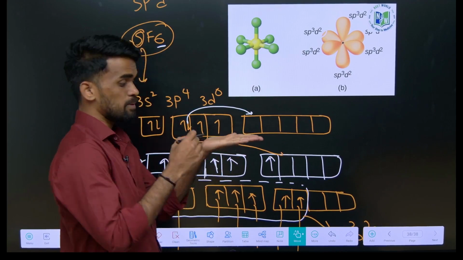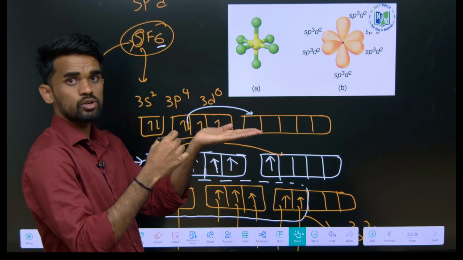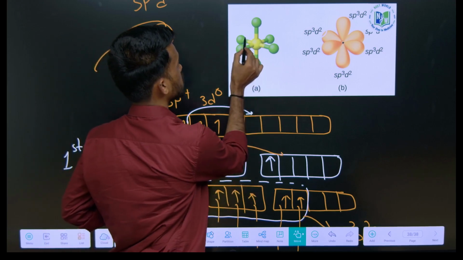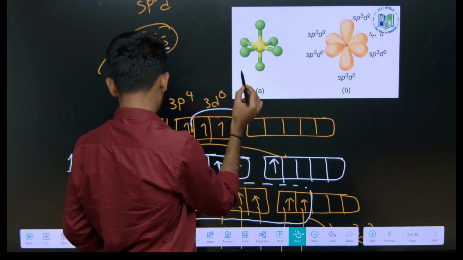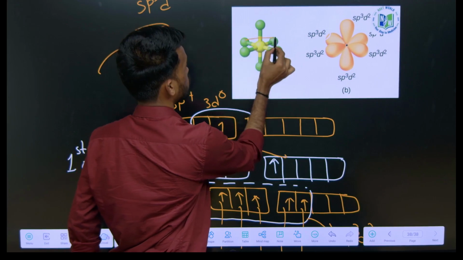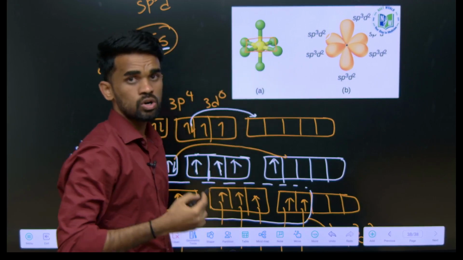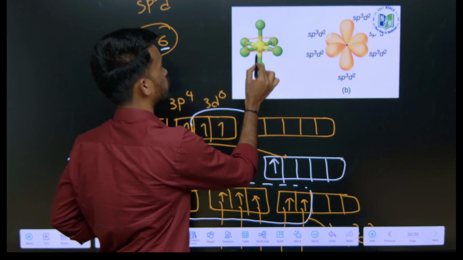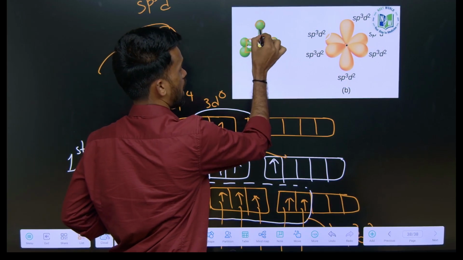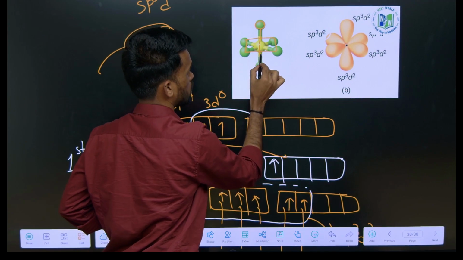So sp3d2 orbitals will be oriented in this manner. If you consider a plane like a square, in the square you can keep 4 atoms like this. Above the square you can keep one more atom, and below the square you can keep one more atom.